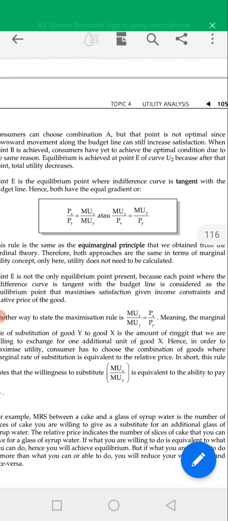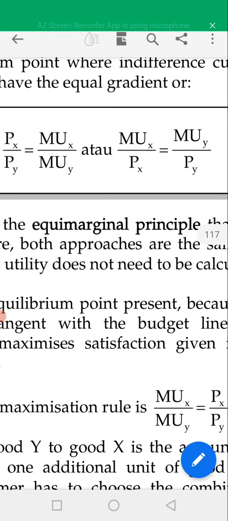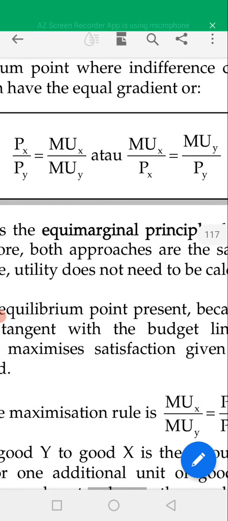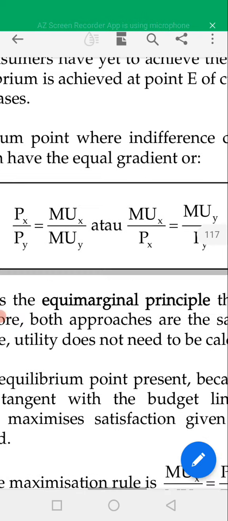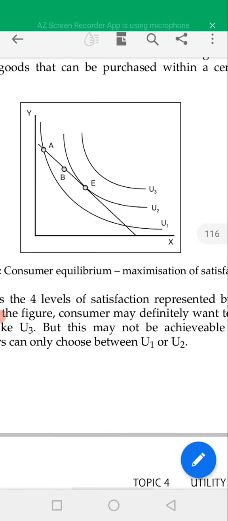Okay, so these two formulas are the same. It's just that you reverse them and rearrange. You cross multiply, this one goes up and the other one goes down, but they're all the same thing. All right, so if we have this, point E there, you can see that the budget line is tangent to the indifference curve.